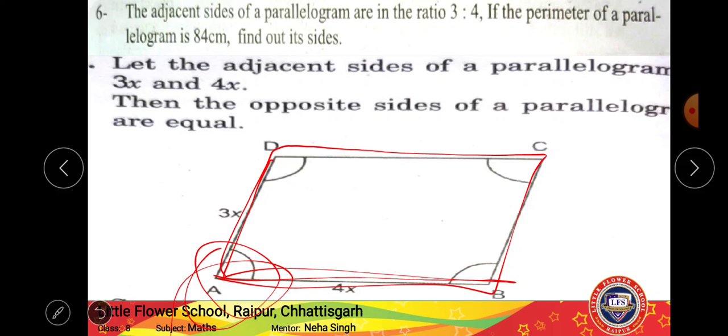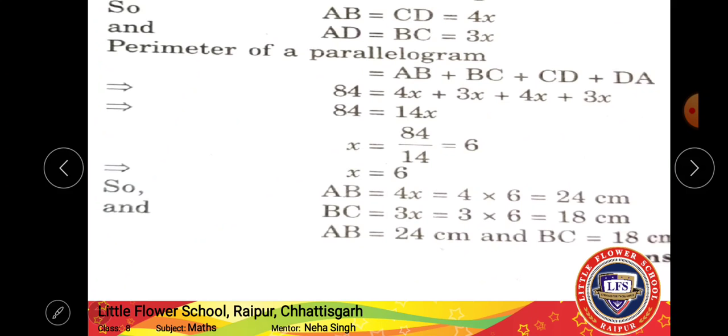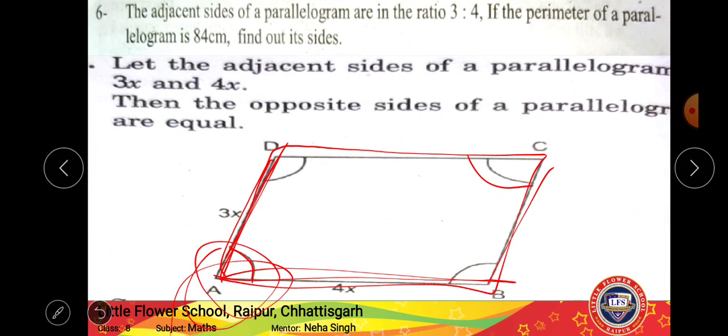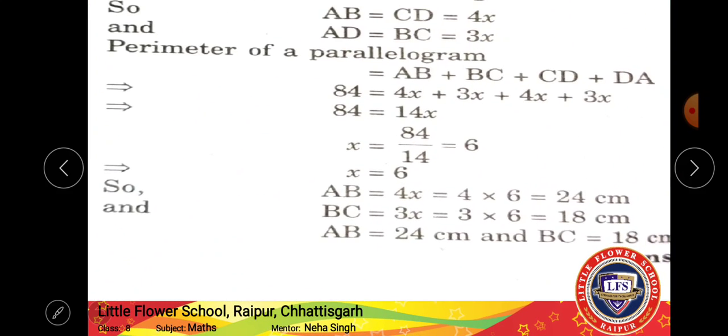Since opposite sides of a parallelogram are equal, AB and CD will be equal, right? This is equal to this, and this is equal to this. So the perimeter means AB plus BC plus CD plus DA, the sum of all sides, whose value is given as 84. In place of AB and CD I'll write 4x, since opposite sides in a parallelogram are equal.